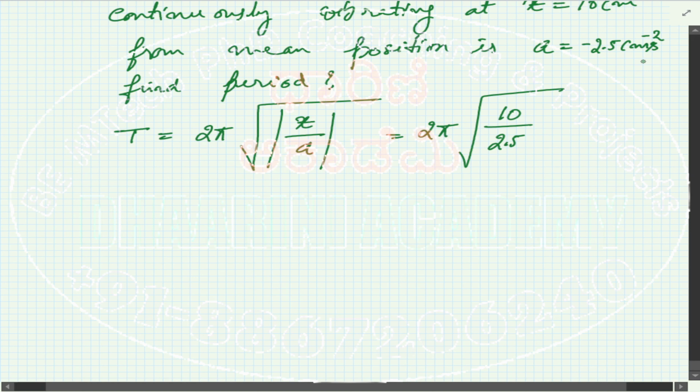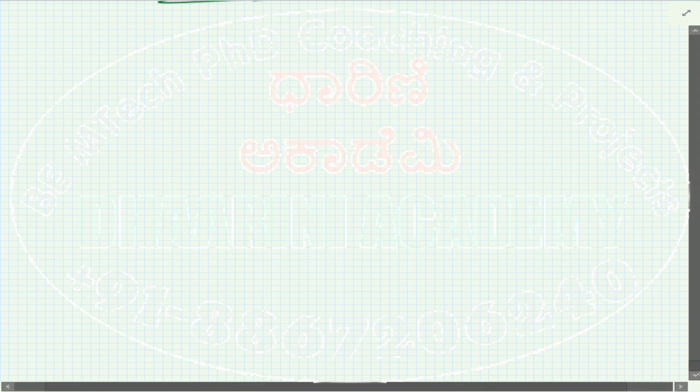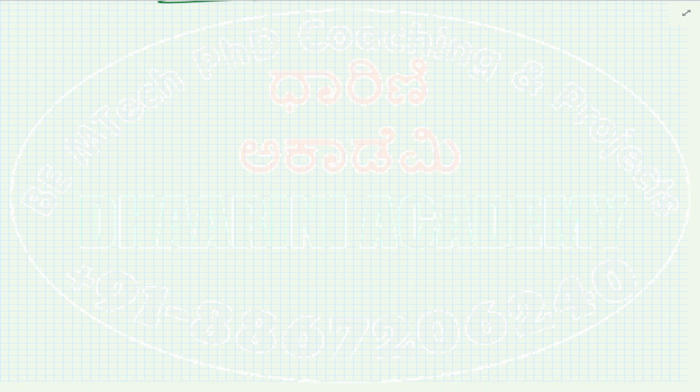So 2.5 cancels 10 with 4, so root 4 is 2, so 2 into 2 is 4 pi, so the time period T is equal to 4 pi seconds. Alright, that's a straightforward answer. Next question.